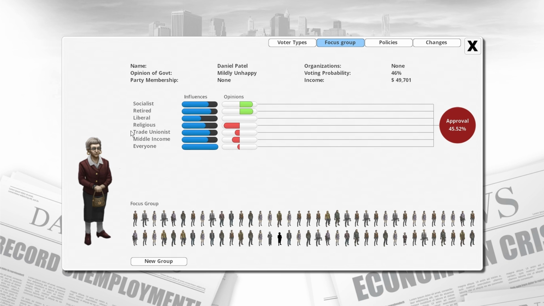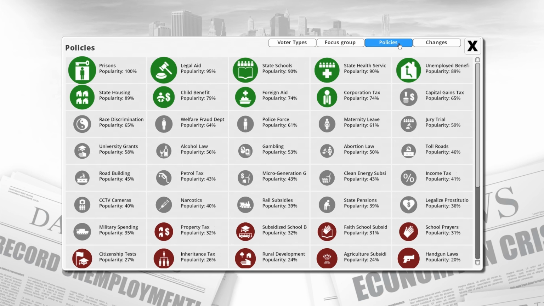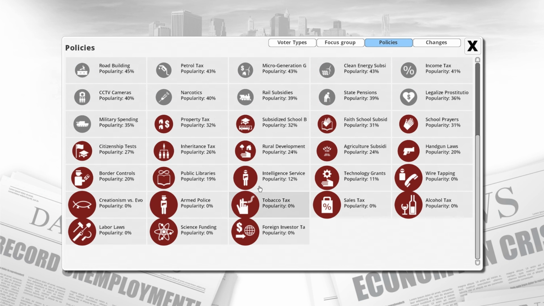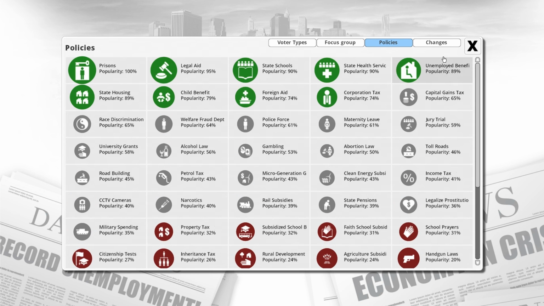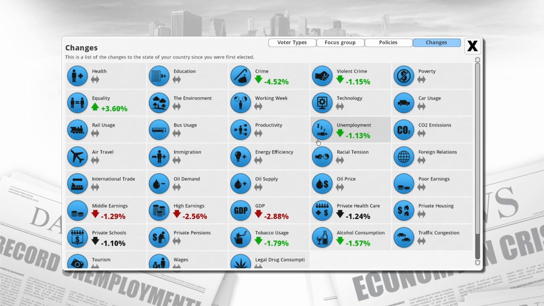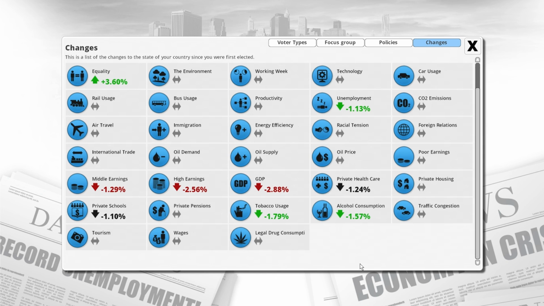So that's that. These are all your policies. You can see what are positive effects on people, what are meh effects, and what are negative effects, and changes. This is how you can see how you're affecting everything. If your equality is going up, your crime's going down since you took over office, GDP is going down, it's not the greatest.